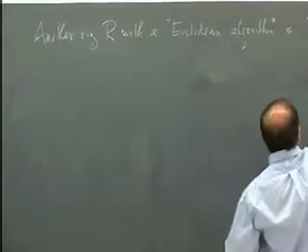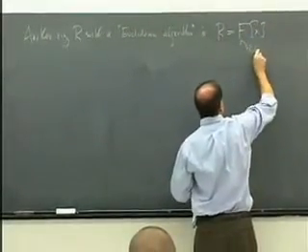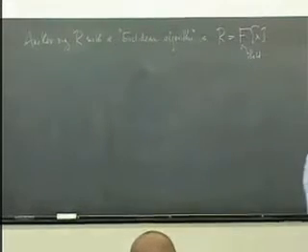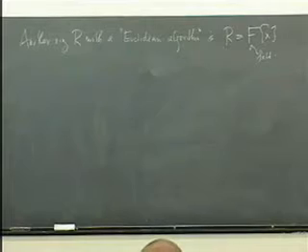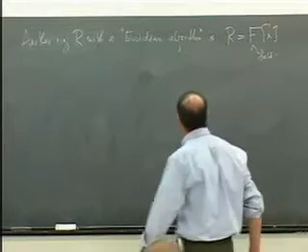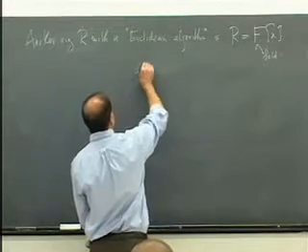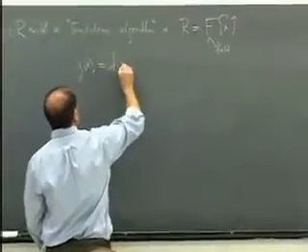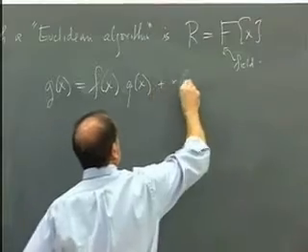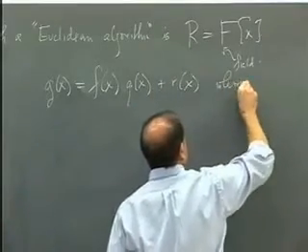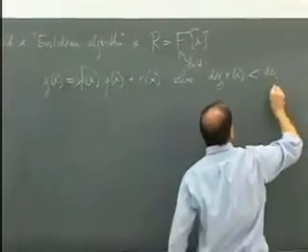is R the polynomials over a field, where this is a field. And then what we know for polynomials over a field, instead of the size of a number, its absolute value, we have its degree. So we know that given a g of x, it can be written as a multiple of f of x, q of x, plus r of x, where the degree of r is less than the degree of f of x.